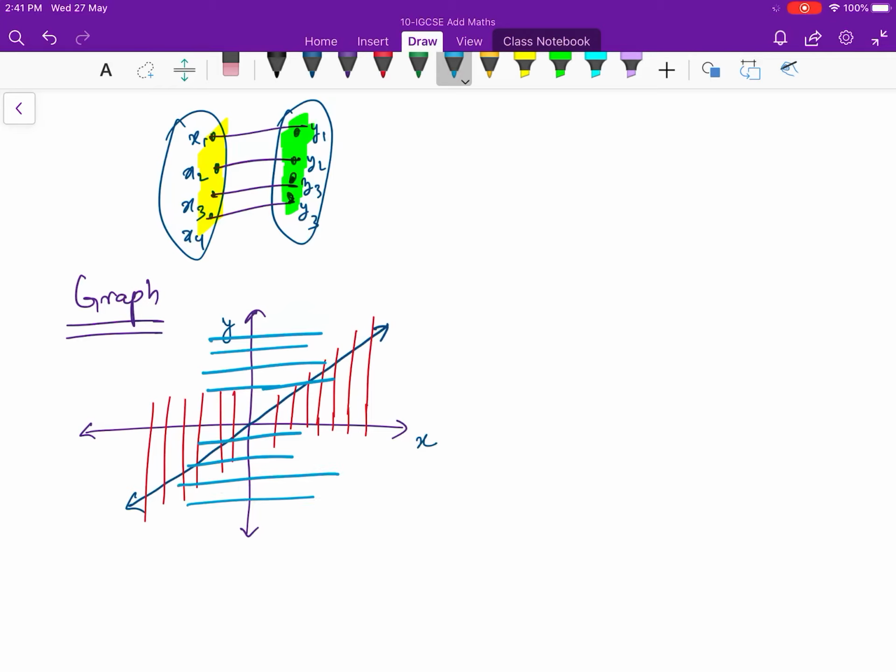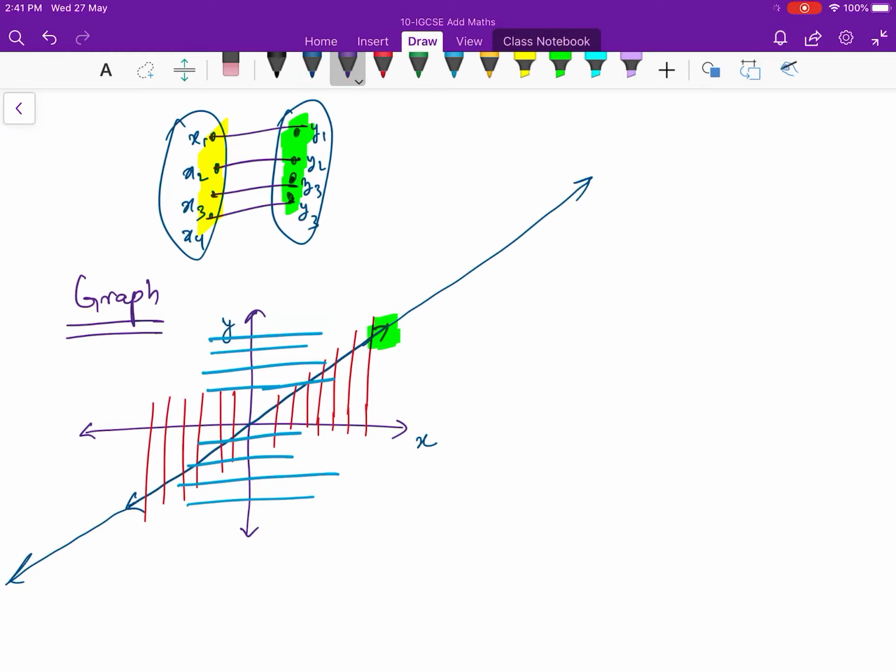What does this arrow represent? That this line is going on, not stopping, and this line is also going on, not stopping. So all the vertical lines and all the horizontal lines can intersect this graph. It means this graph has all the y values and all the x values.